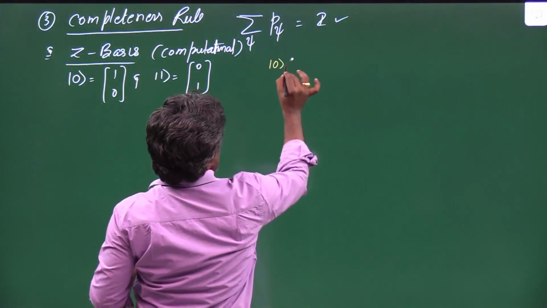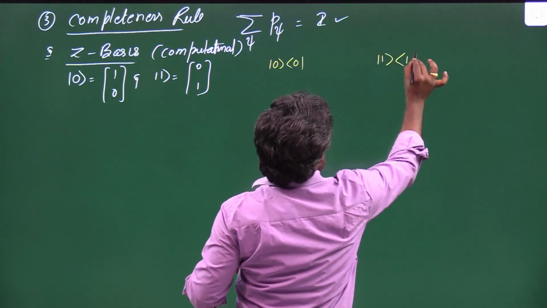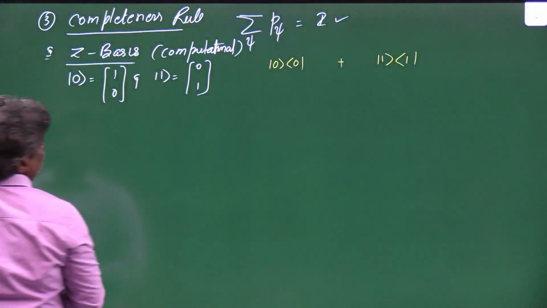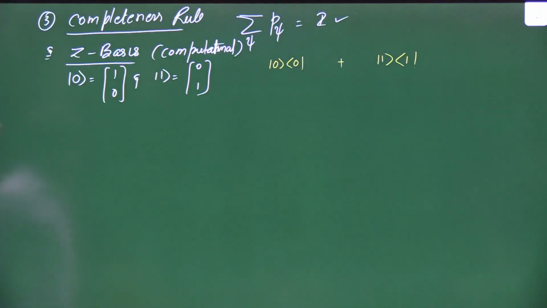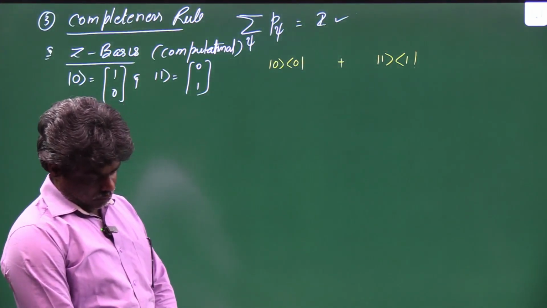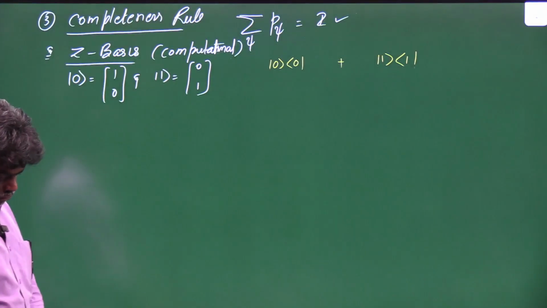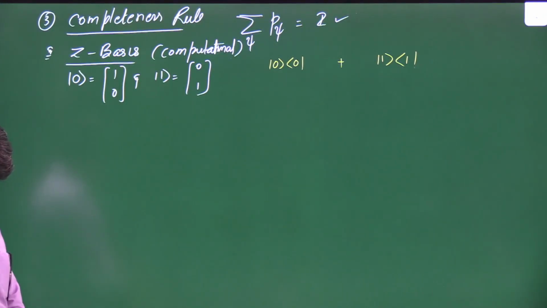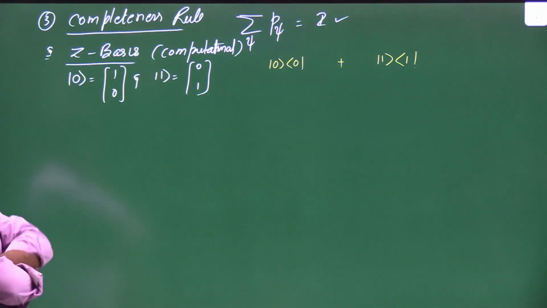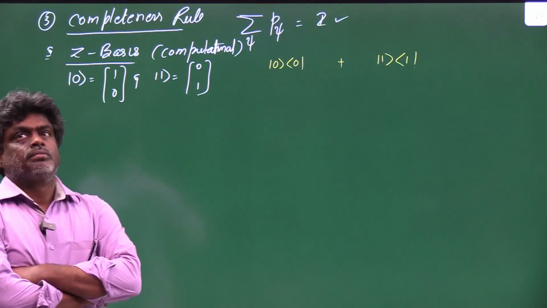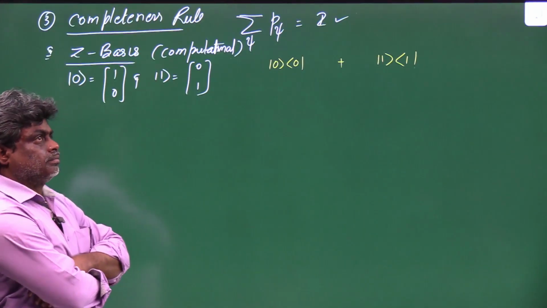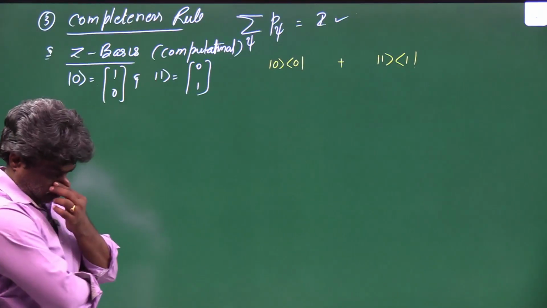That means take the outer product here, take the outer product here, and add, and tell me what you are getting. Two by 1 and 1 by 2. Zero one, 0 1.